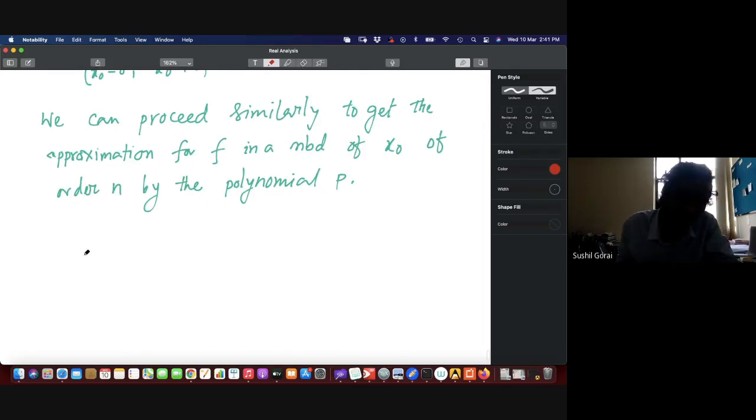So the point is, we can write f x to be p x plus R n plus 1 x on x naught minus delta to x naught plus delta.